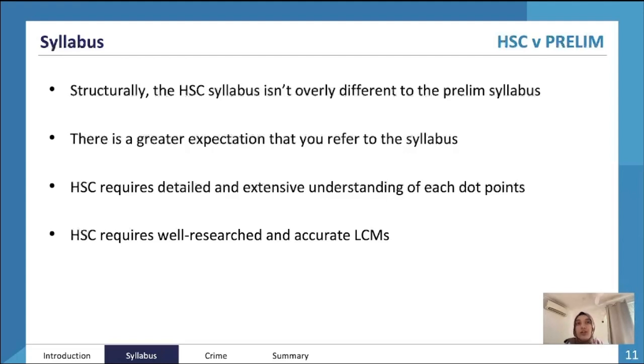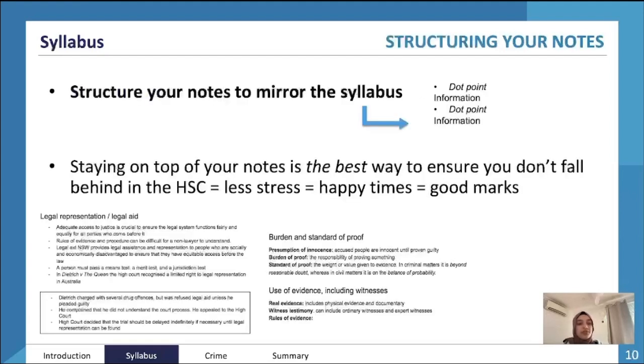I often get a lot of questions about how to memorize that many legislation, cases, and media, and people don't know where to start. So I would highly recommend going dot point by dot point and weaving that in.